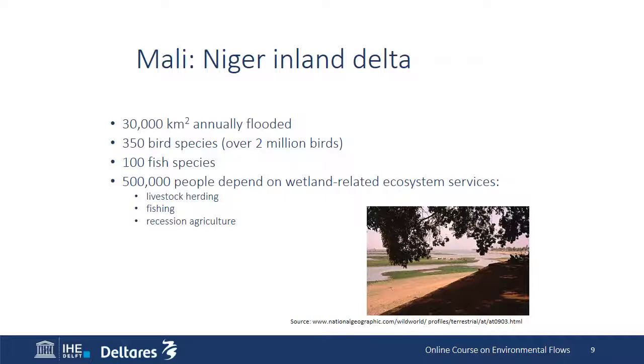But also it provides the services for 500,000 people who live in this area and who depend on these services for their livelihoods. For example, large groups of people make use of the inundated wetland for catching fish. Other people, when the floods recede, use the floodplains to grow crops. And again, other people come with their cattle and make use of the grassland surrounding the lakes.